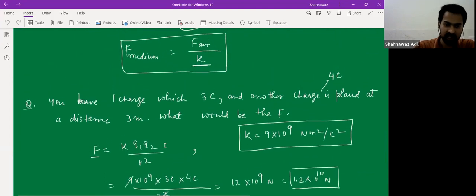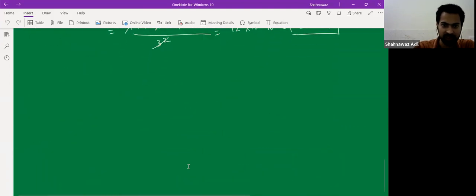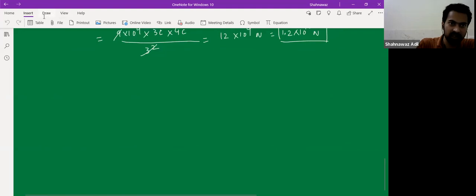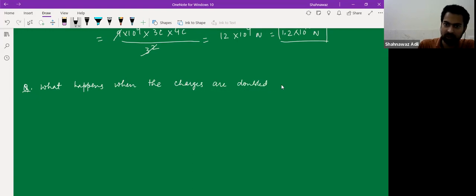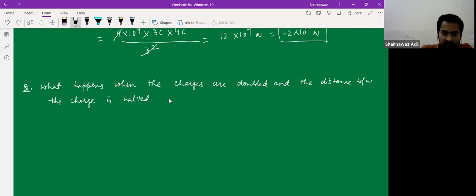So let us say that the charges are doubled and the distance between the charges is half. Then what would be the force?